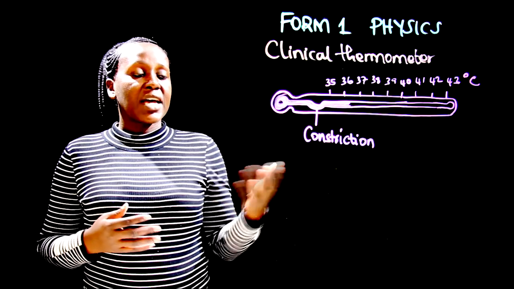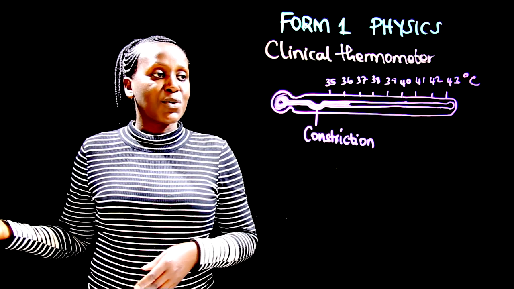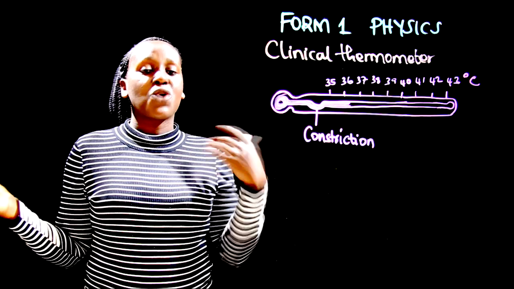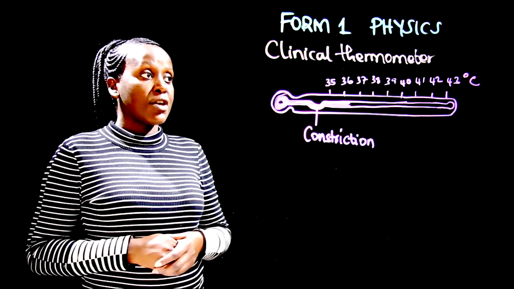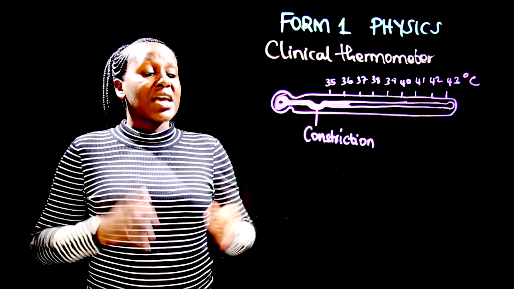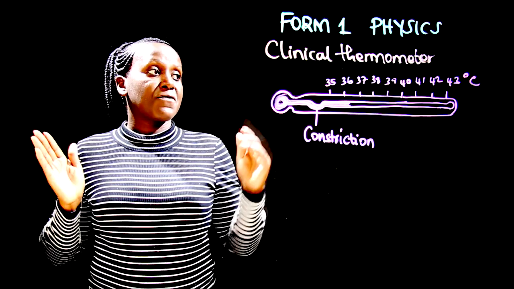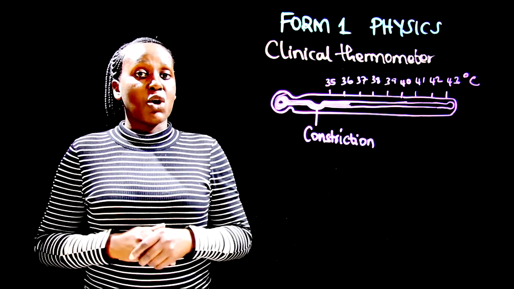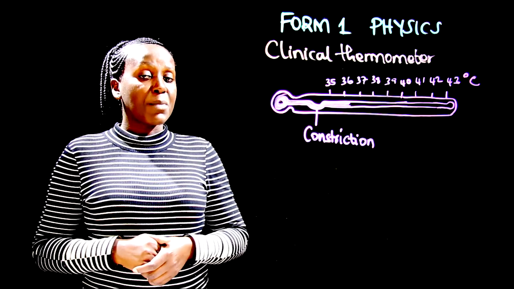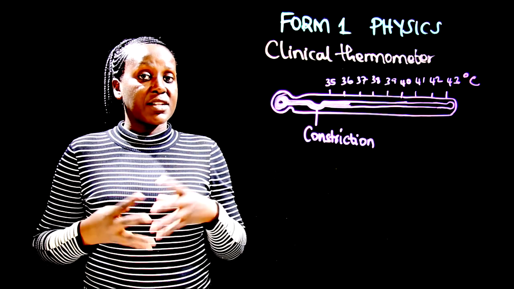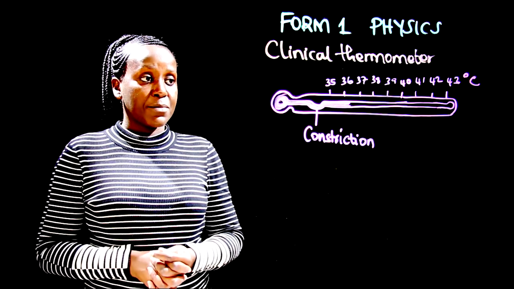So we don't need a scale that is beginning from 0. Well, we're only going to measure a temperature around 37 degrees Celsius. So the reason why the scale is slashed between 35 and 43 is because this thermometer is used to determine the temperature of a human body, which is about 37 degrees Celsius.